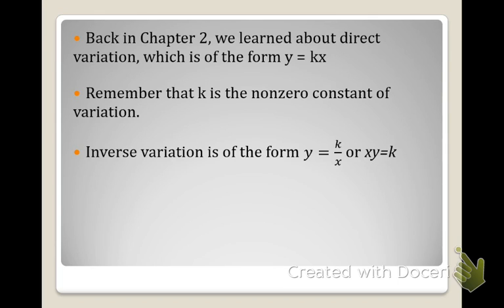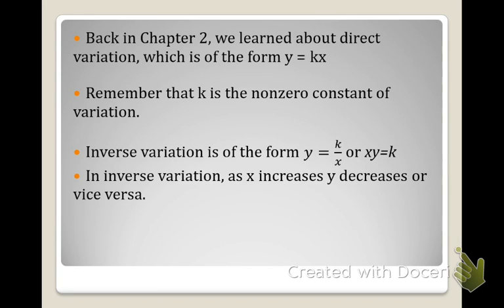Now notice that for direct variation, k is being multiplied by x, and for inverse variation, k is being divided by x. Okay, so with direct, they get multiplied. For inverse, they get divided.